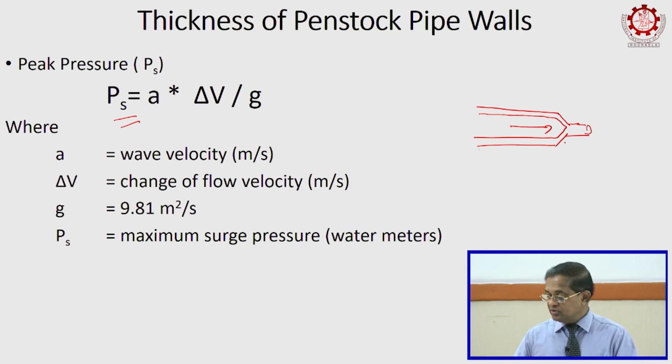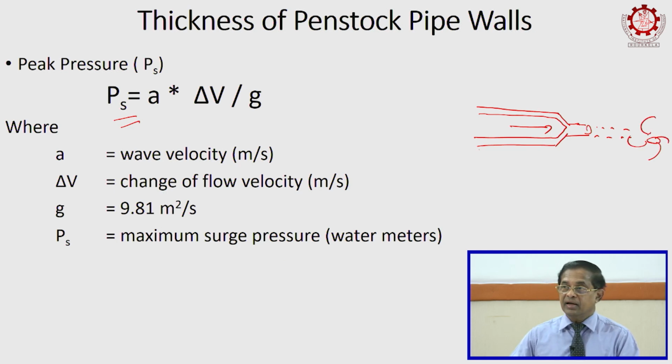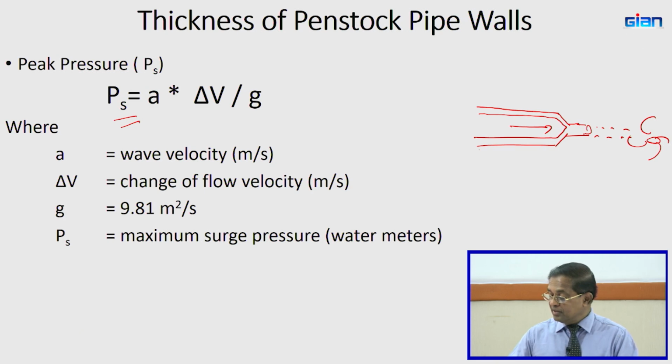This will go up and down depending upon signals coming from the control system, and it will be operated by the hydraulic system. The water jet will go and hit the turbine blades, and the amount of water going will depend on the movement of the needle valve.